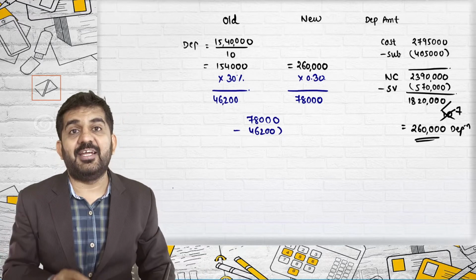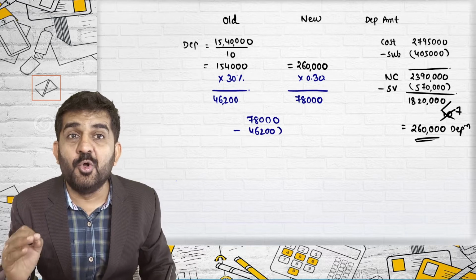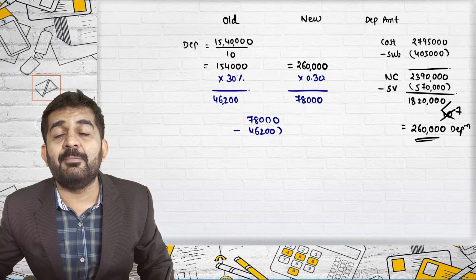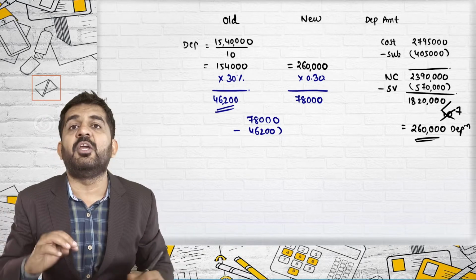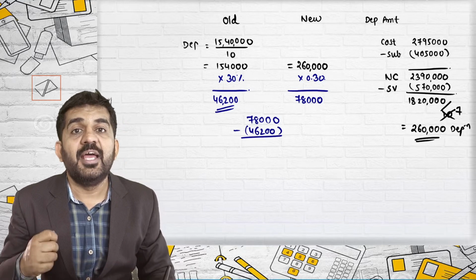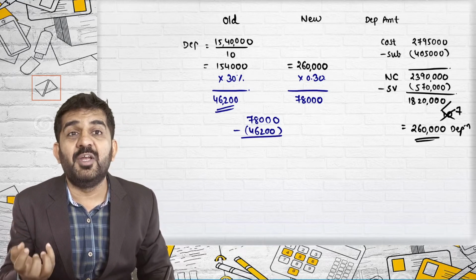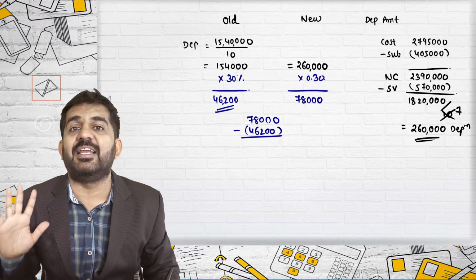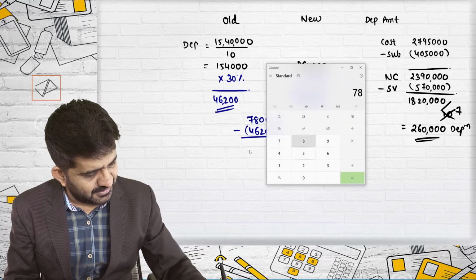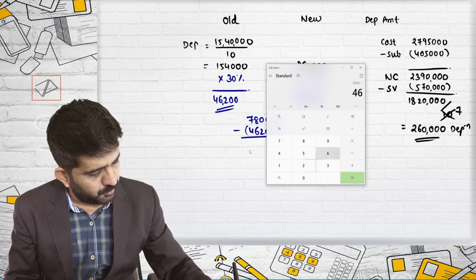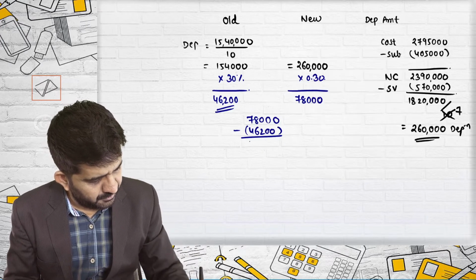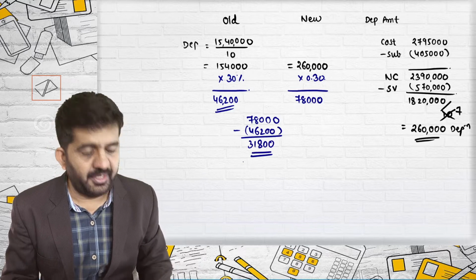Sir, no, we are getting a benefit of 78,000. No, you are getting a benefit of 78,000, but you are already getting a benefit of 46,200. This becomes your opportunity cost, and it is always important to consider opportunity cost at the time of decision making. Now you will not be getting this benefit. You will be selling this old machine. So the net benefit you will be getting is 78,000 minus 46,200, which is 31,800.